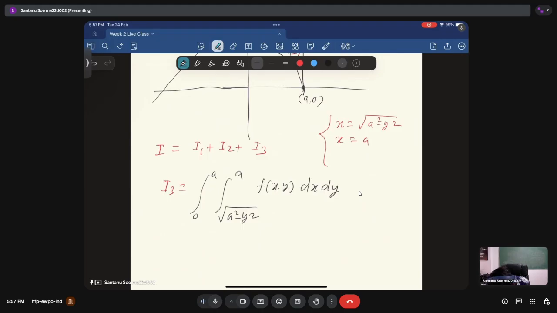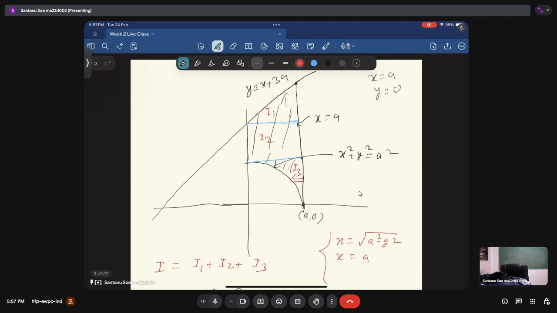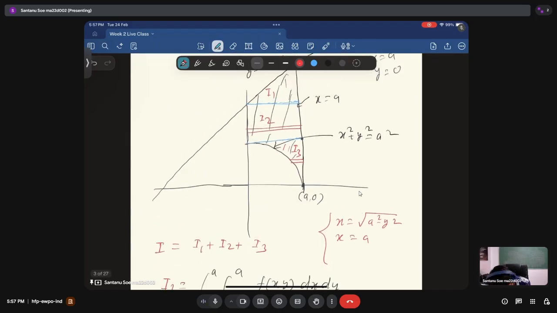Now what about I2? For I2, we have to take a strip here, which is parallel to the x-axis. Here this strip is varying from the line x equals to 0 to x equals to a, correct? Because this line is x equals to 0 and this line is x equals to a.